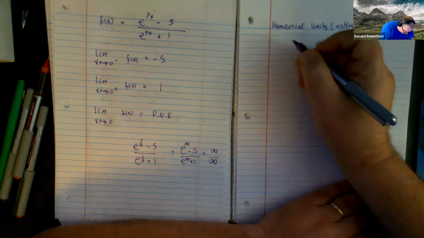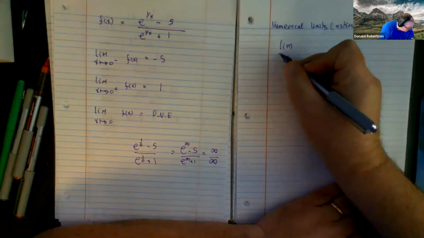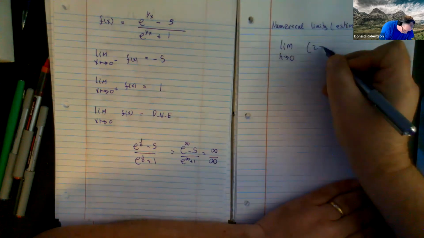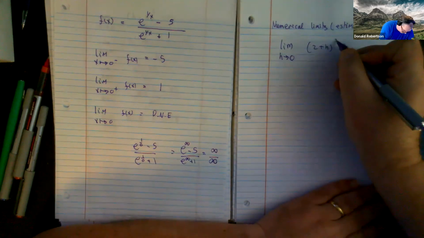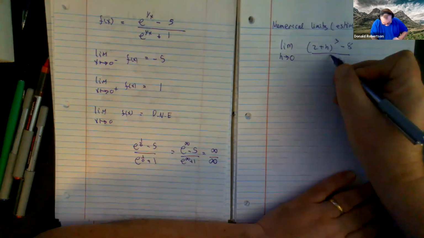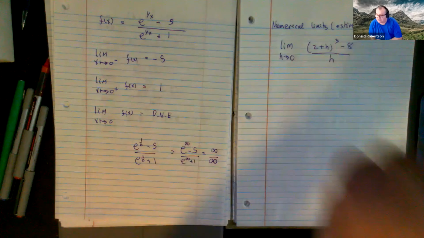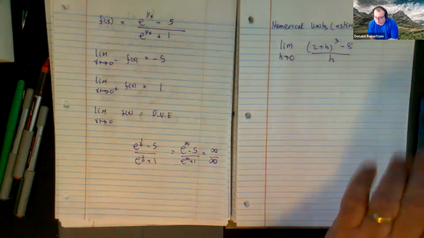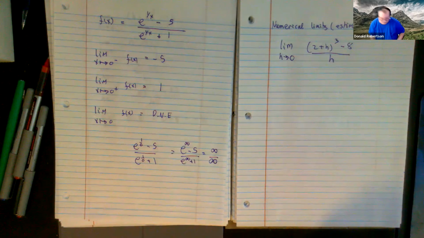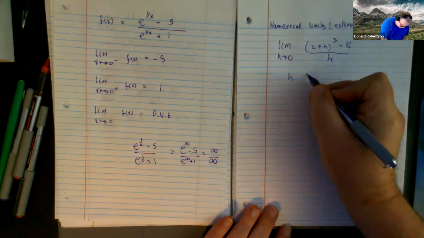So let's suppose I wanted to know the limit as h tends to 0 of (2 plus h) cubed, take away 8, over h. Now, I could do that by foiling the whole thing out and factor and cancel. And if I did, I would get the right answer, right? I would have got an answer. But they are wanting us to do it differently.